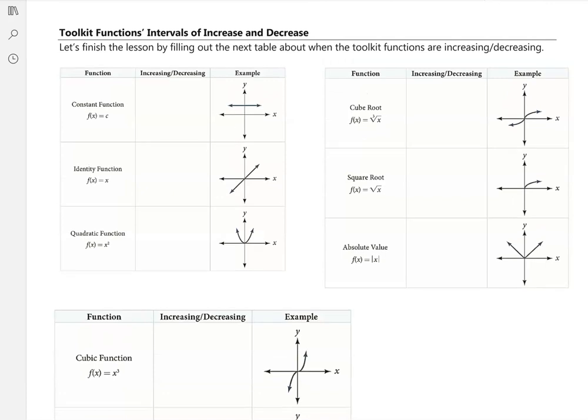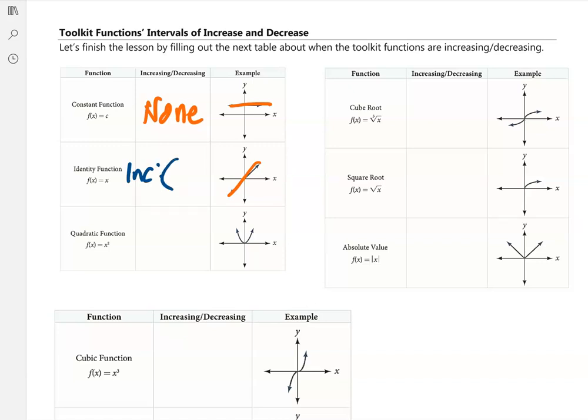Next, again, about the toolkit functions, intervals of increase and decrease. For constant, as you can see, this horizontal line, there is none. And how about the identity function? You can say that it is increasing. Do you agree?